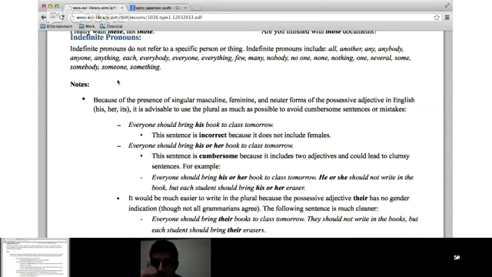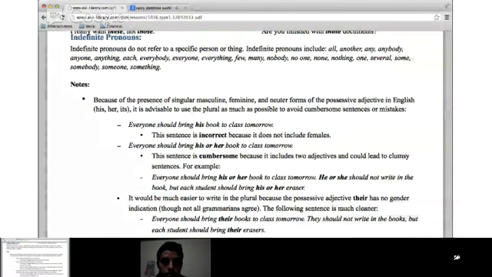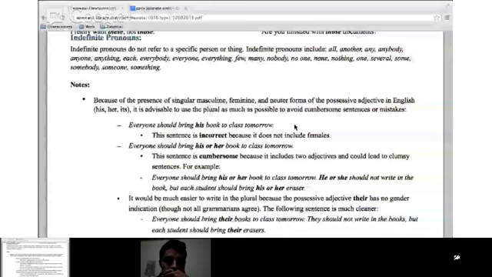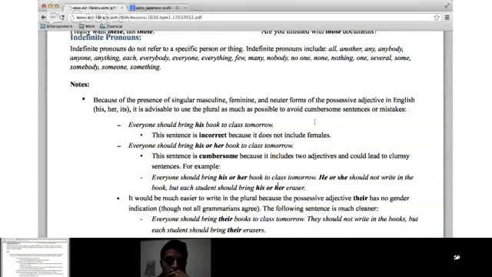This sentence is incorrect because it does not include females. Everyone should bring his or her book to class tomorrow. This sentence is cumbersome because it includes two adjectives and could lead to a clumsy sentence. Okay, good. Just till there.